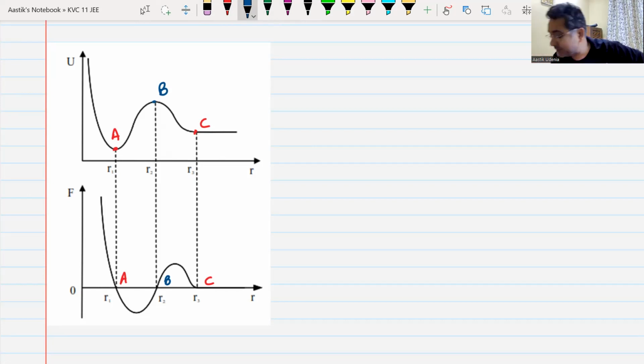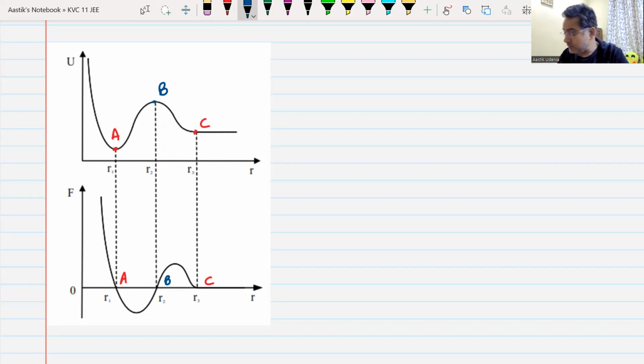At these points A, B, and C, at all the 3 points, force is zero. Yes or no? Do you understand this? At the 3 points, the force is zero at point A, at point B, and at point C.